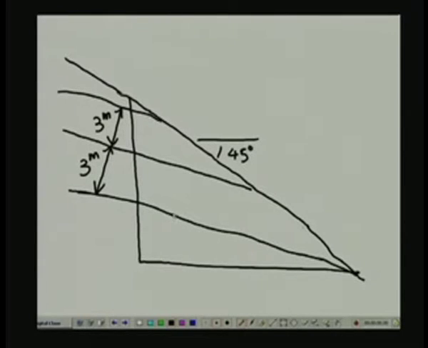Now what we know here is that this angle is 35 degrees, and since the dip angle of the joint in this case is lower than the slope angle, and the dip angle is smaller than the friction angle.